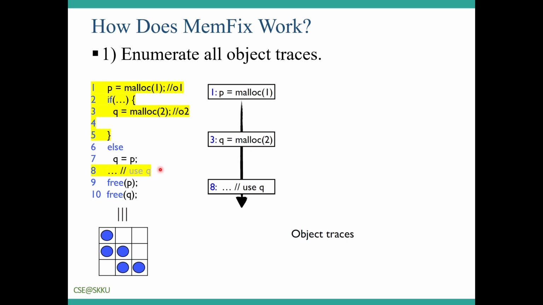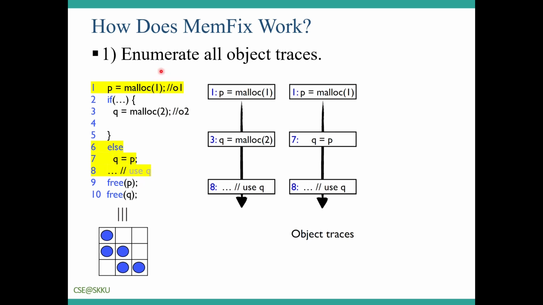In this execution path, both O1 and O2 are allocated and both are eventually accessed via the pointer Q at line 8. And the second trace shows the behavior of the object O1 along the false branches.